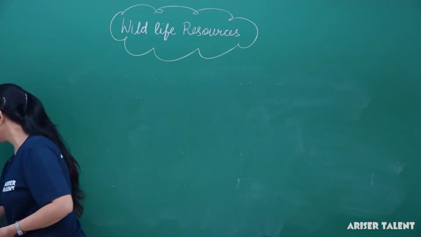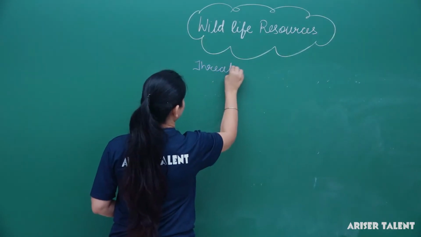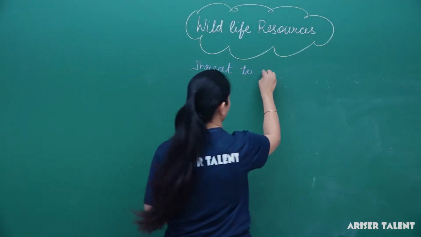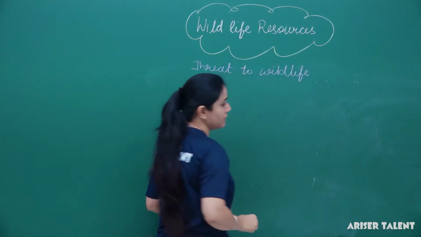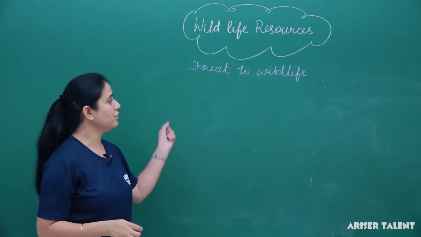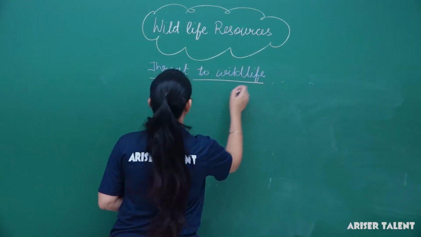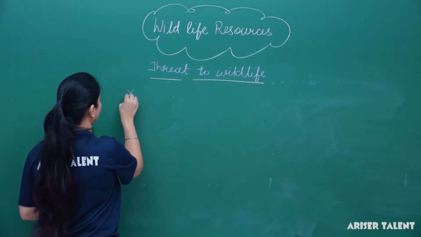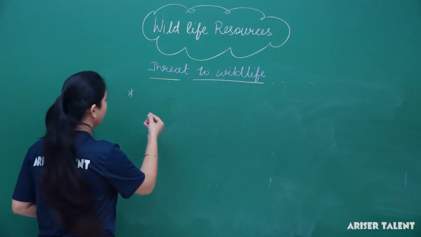Next is threat to wildlife, or you must say reasons of depletion of wildlife. First of all, we will talk about hunting. This is the biggest threat to the wildlife. Hunting.